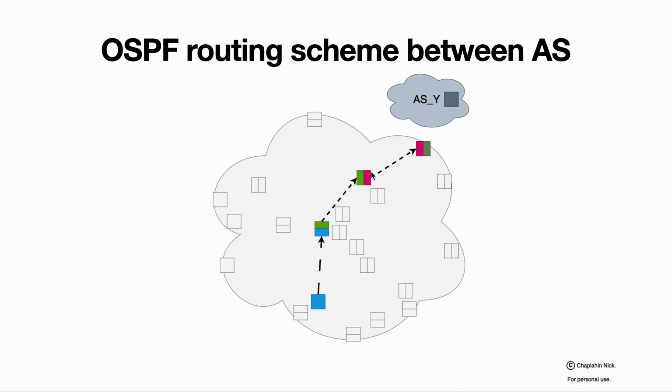Those can be virtual links or actual links, it doesn't matter. So traffic is routed until it reaches a boundary device that can transmit it inside the specific area, or in our case, inside the specific autonomous system for further processing.